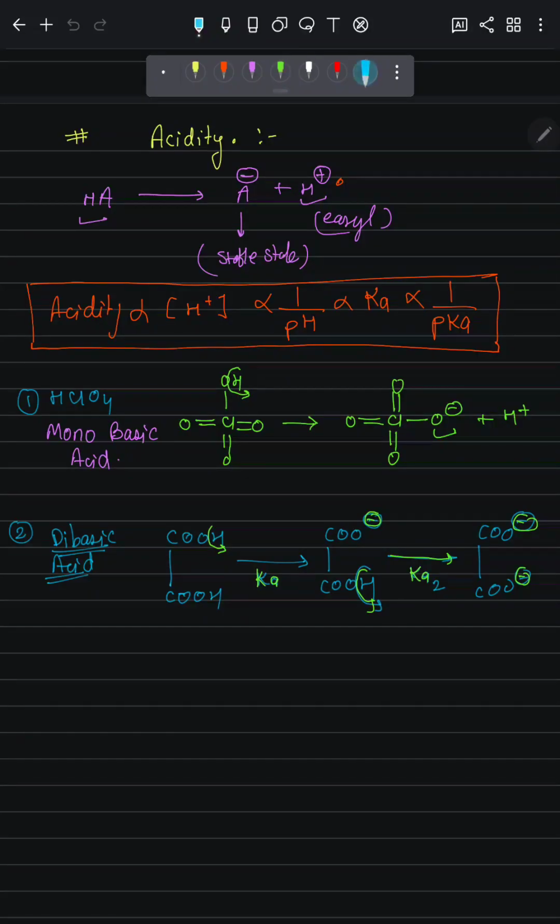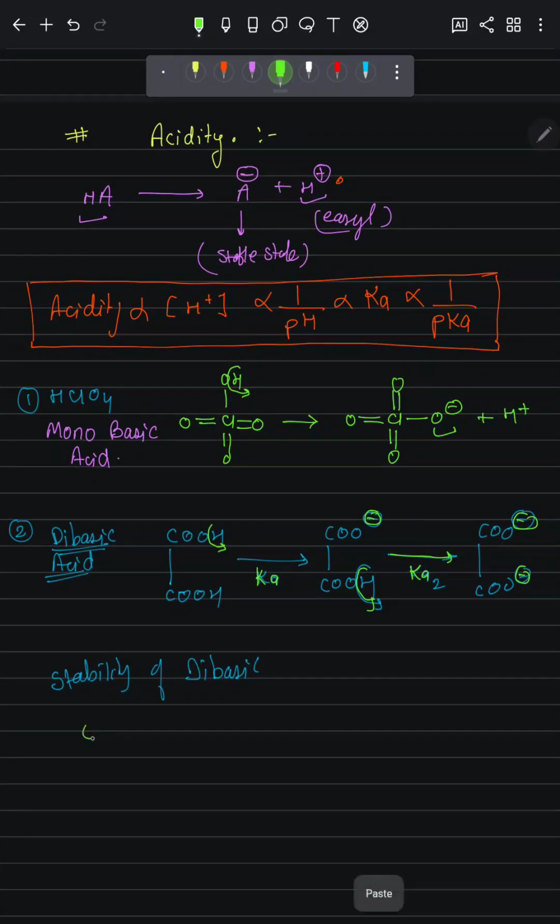Now if you want to talk about the stability of dibasic acid, then we take examples such as COOH, CH2 with 0 here, and a COOH. This is called oxalic acid, and this is CH2, one is present, COOH. This is called malonic acid.